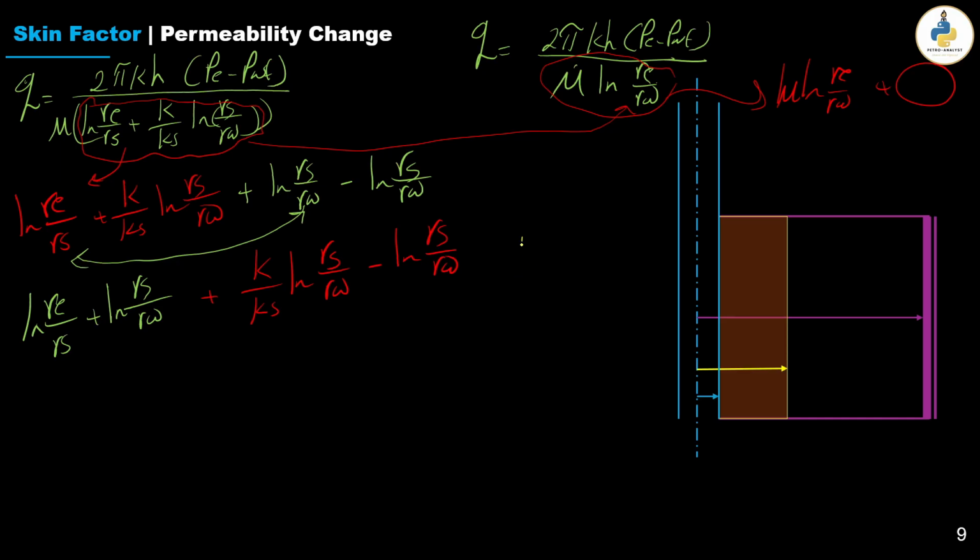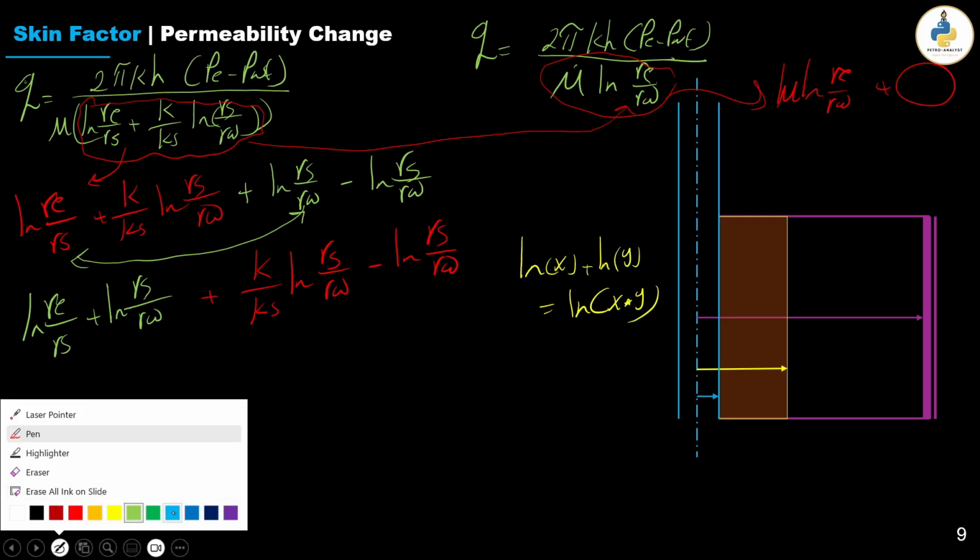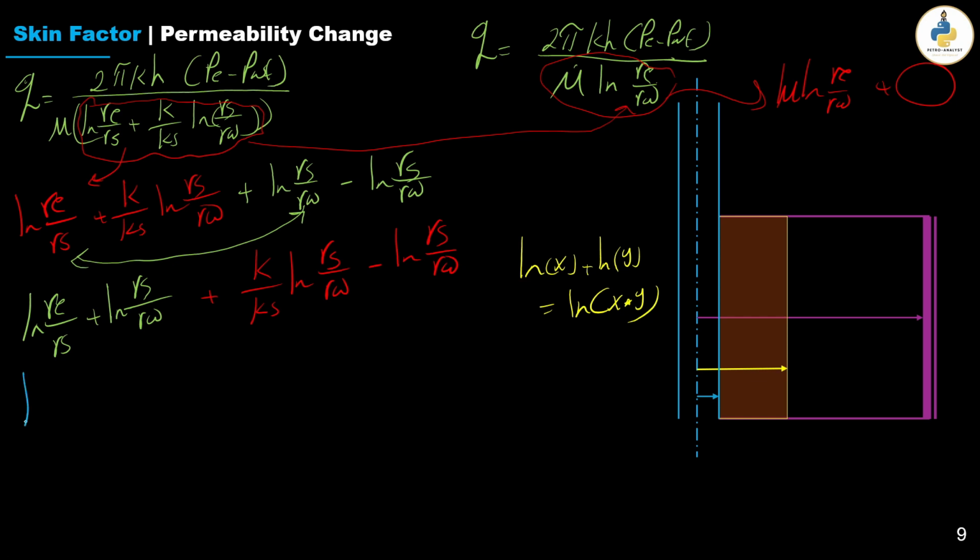We all know that ln x plus ln y is equal to ln x times y. This is the logarithm's laws. So this can be ln RE over RS times RS over RW.